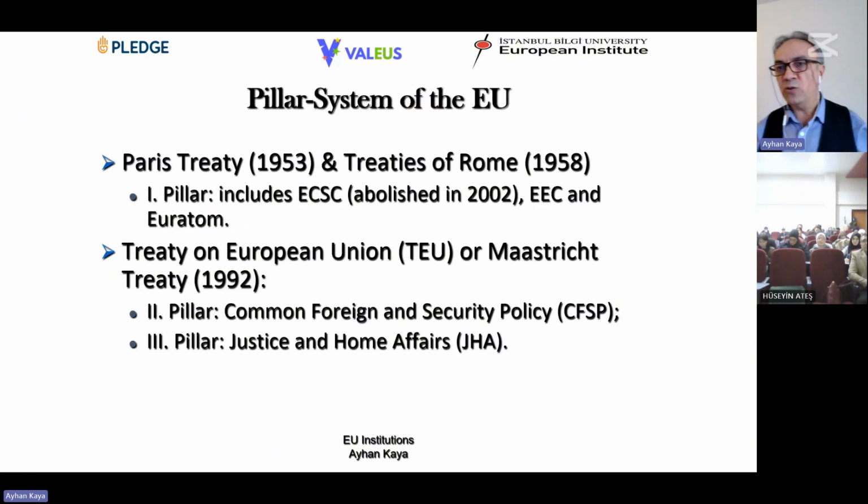When we talk about the European Union, we talk about three major pillars. So in the literature, you will see this pillar system of the European Union. The Paris Treaty and the Treaty of Rome were based on the idea of putting up the first pillar. The first pillar was the economic union, making sure that the European space was going to have a free economic trade space.